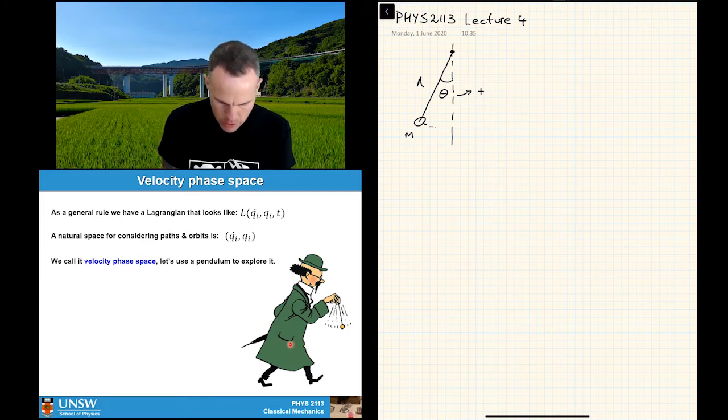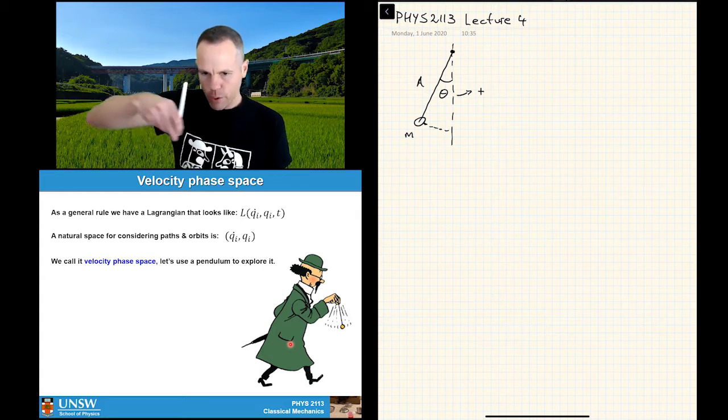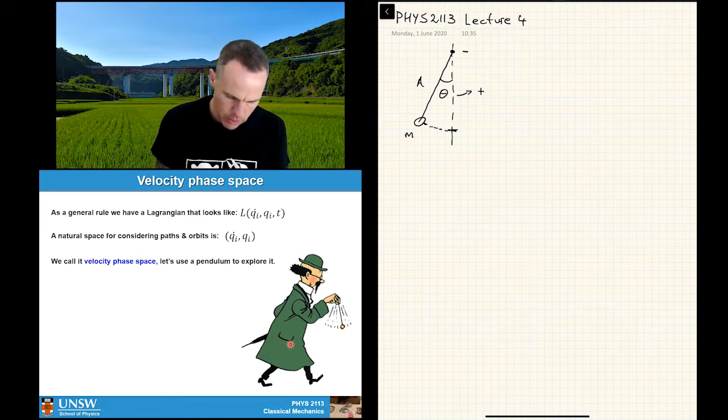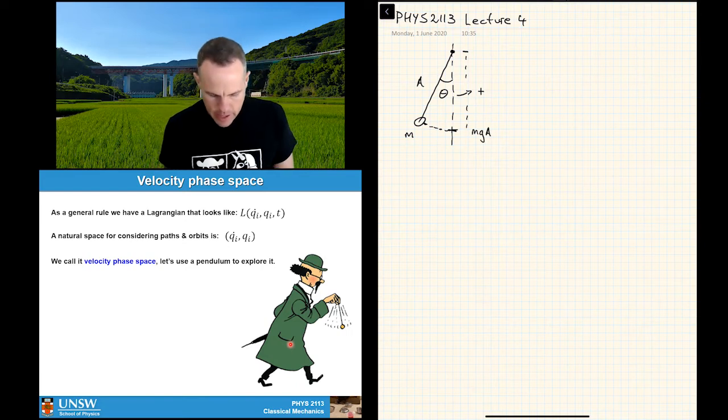As you know, this executes a small segment of what would be rotational motion. So there's a position down here, which is the minimum, and that is, if we consider our fixed point up here, some distance down, mga.